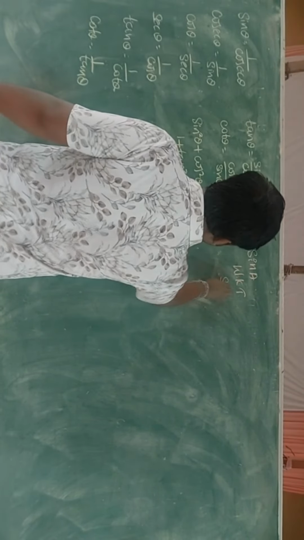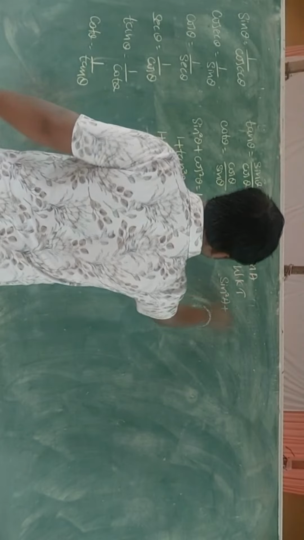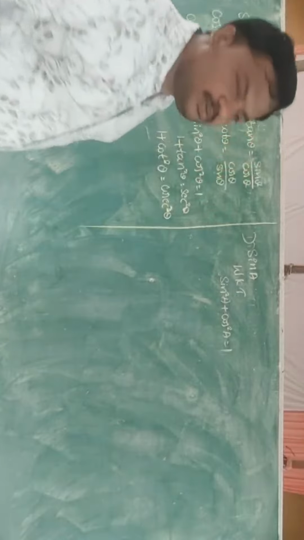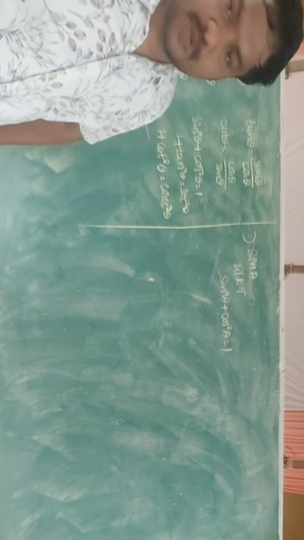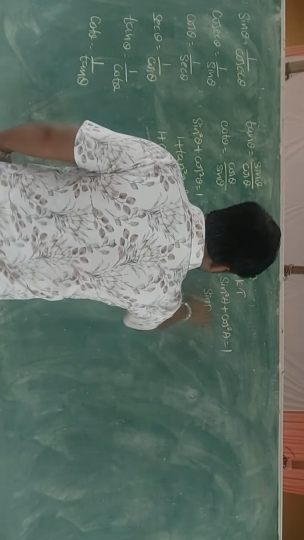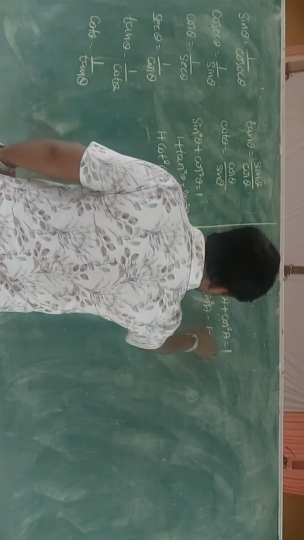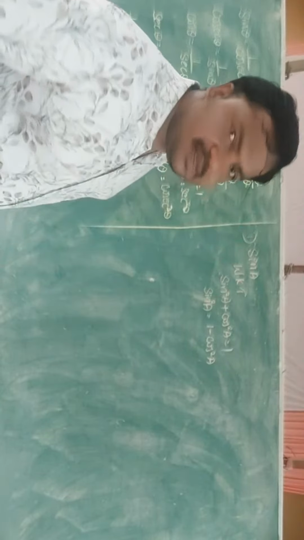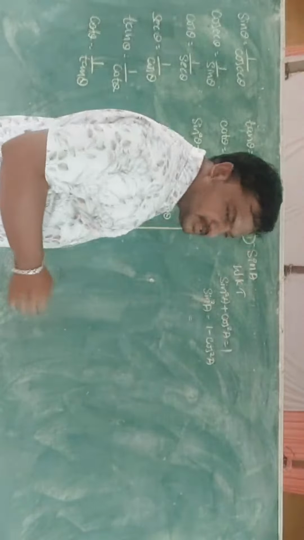Sin square A plus cos square A is equal to 1. Here A, not theta. Sin square A is equal to 1 minus cos square A. But they ask to express in the form of sec.